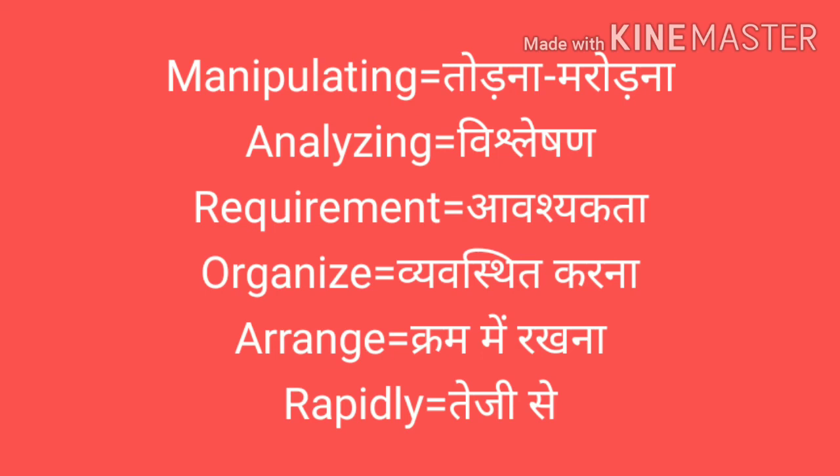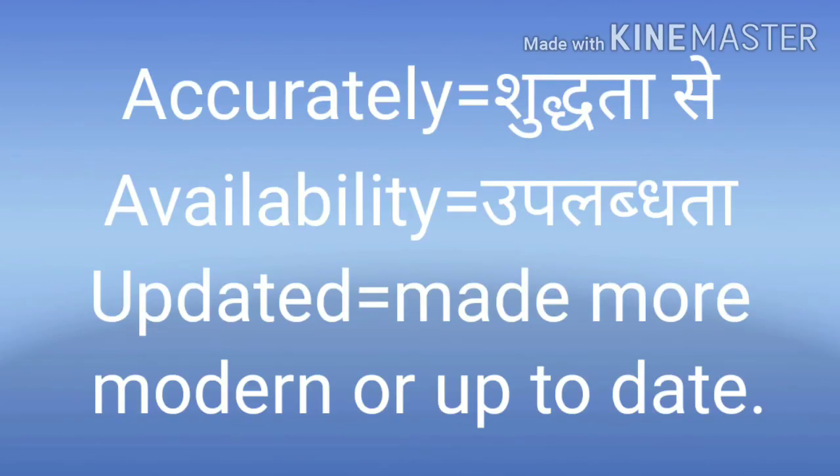Arrange. Arrange means क्रम में रखना. Rapidly. Rapidly means तेजी से. Accurately. Accurately means शुद्धता से. Availability. Availability means उपलब्धता. Updated. Updated means made more modern or up to date.